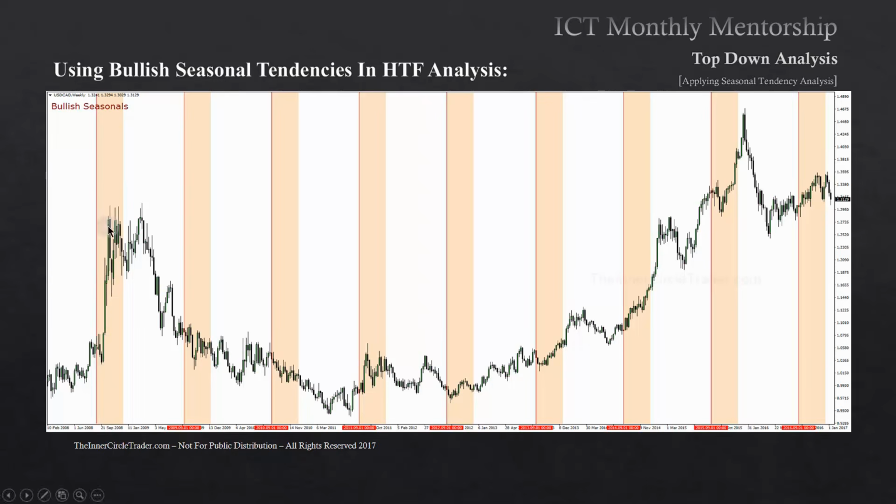And look at the performance here on US CAD as a relationship to the seasonal tendency. Look how strong that buy was. Look how many pips it moved. Notice also in here, this is the next time period, the very next year, in 2009. This is the time when the seasonal tendency should take place, and that means the Canadian dollar should be bearish on the underlying futures contract, but that would be an inversion on US CAD pairs.